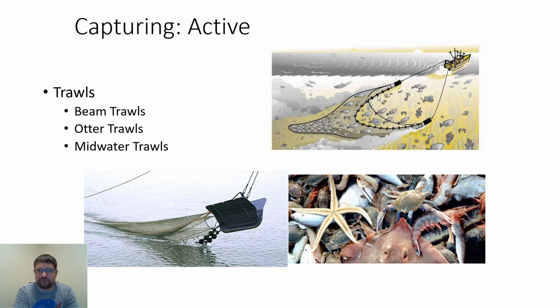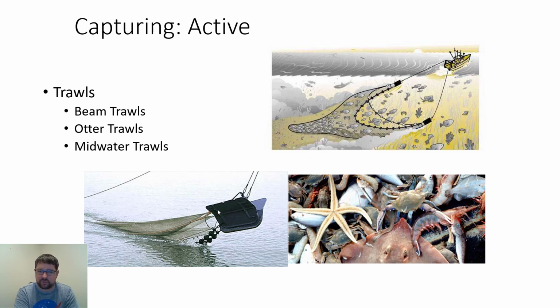But again, similar premise: lead line, float line, drag it. Midwater trawls, the lead line is often not as pronounced. It's not as heavy, so the trawl itself does not rest on the bottom, and your goal is actually to sample the midwater column.